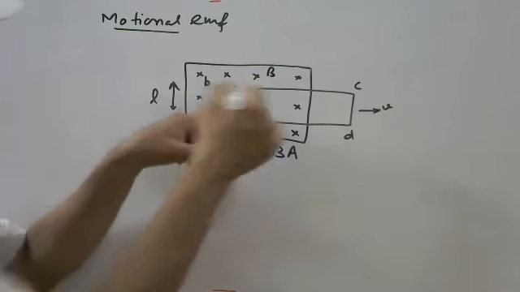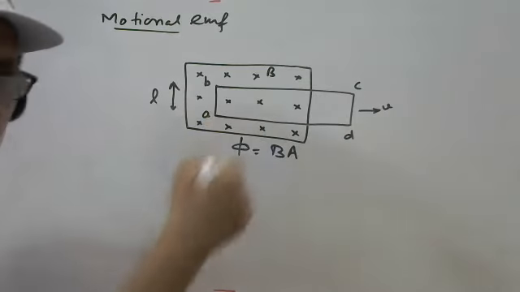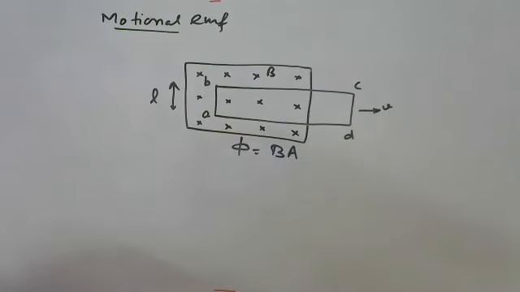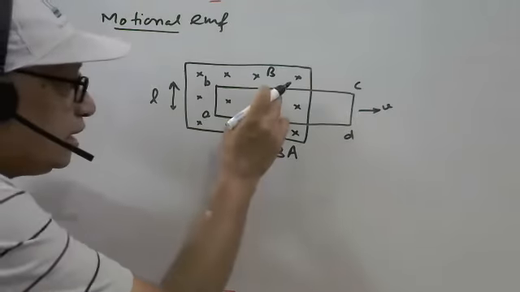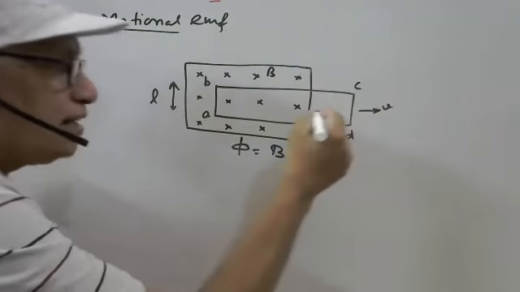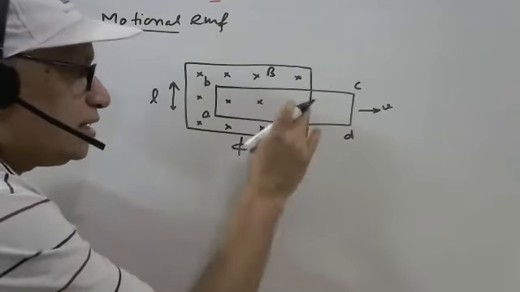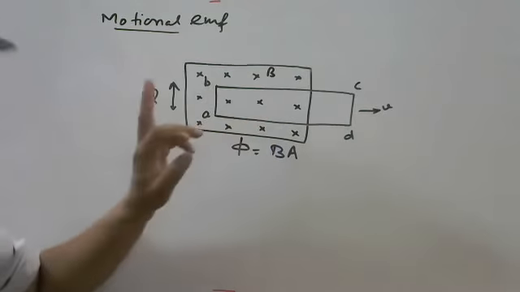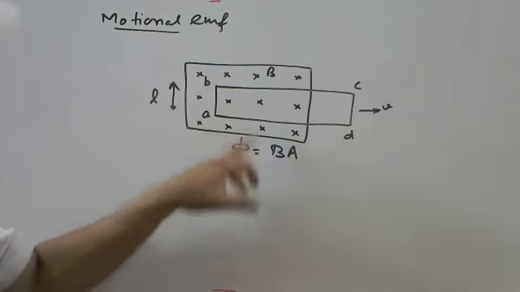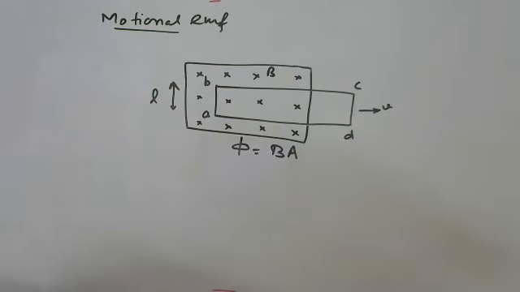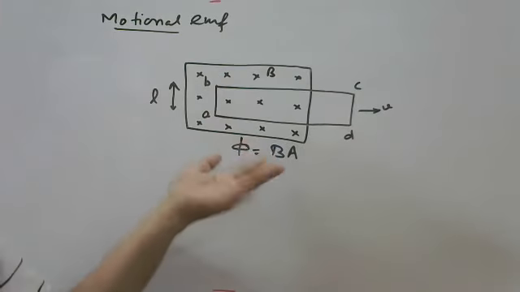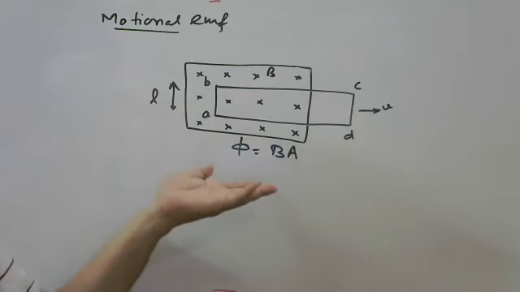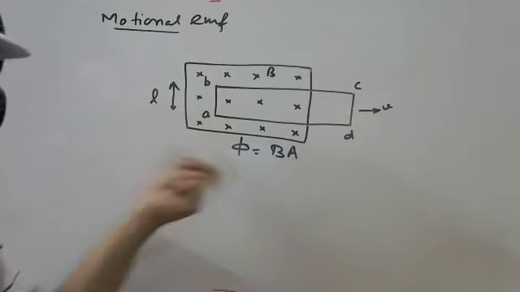In that case, flux is linking. And by taking this coil ABCD out of the magnetic field, effectively the area through which this flux is linking is decreasing. We are not changing the coil, we are simply changing the effective area.